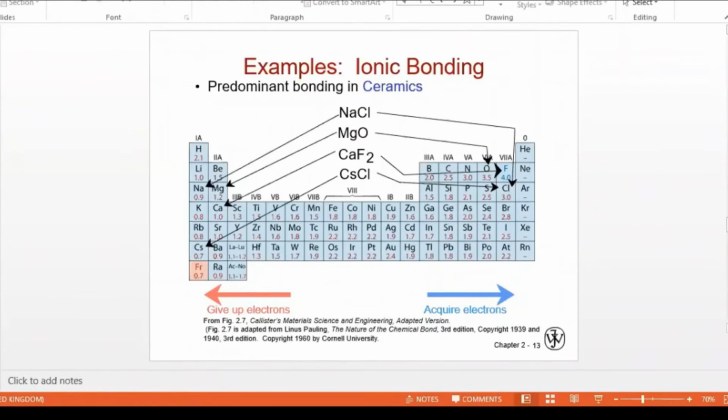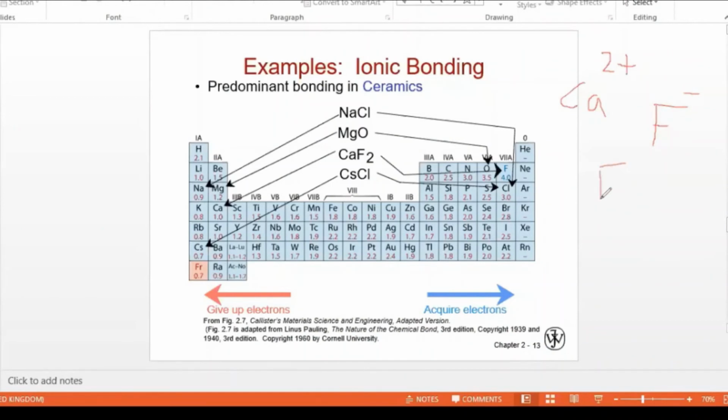And here we have calcium, which will lose 2 electrons, so calcium 2 plus. But this fluorine, right? Fluorine is over here, that will gain only 1 electron, F minus, right? So calcium has given 2 electrons, but this F can't take those 2 electrons. So what will it do?